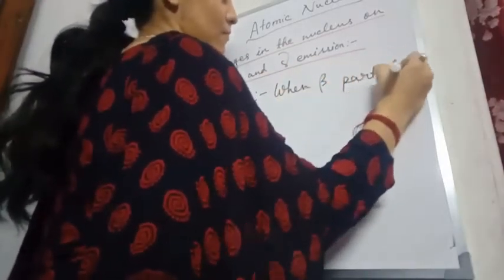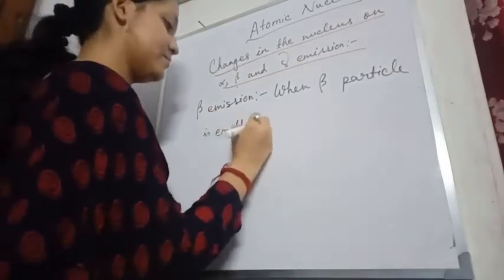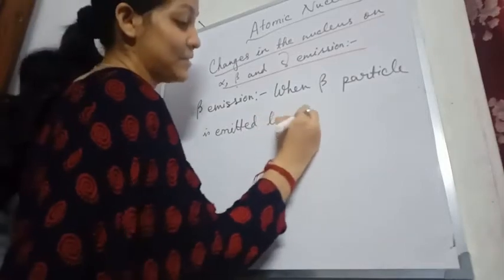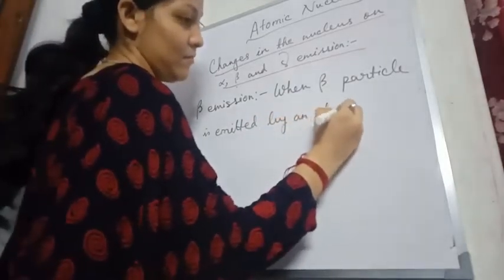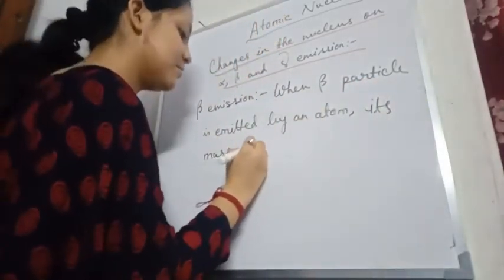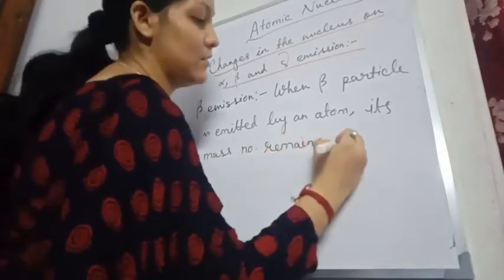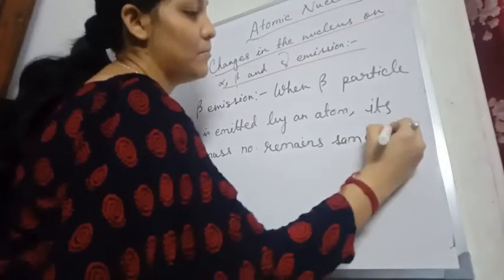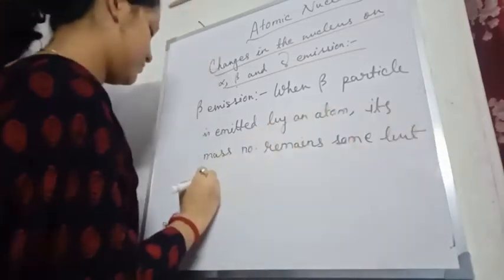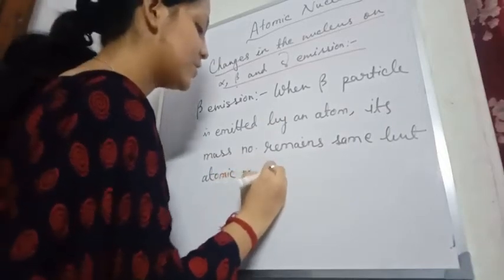When beta particle is emitted by an atom, its mass number remains same, but atomic number increases by 1.